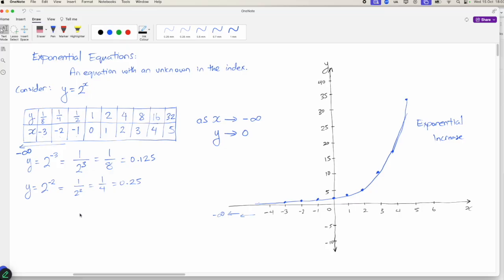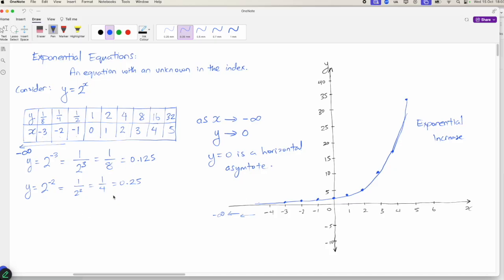Because remember, a fraction over a very big number is just something that's very close to 0. And so y is equal to 0 is a horizontal asymptote, right?